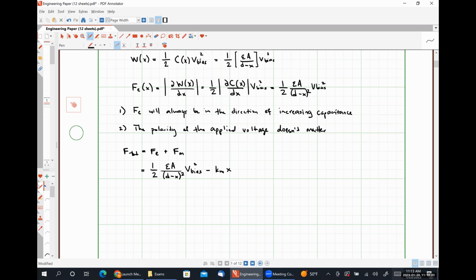So the pull-in effect in some applications can be a good thing. The pull-in effect is used extensively in the operation of MEMS capacitive switches.